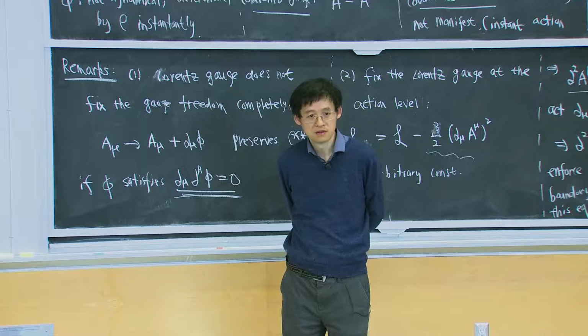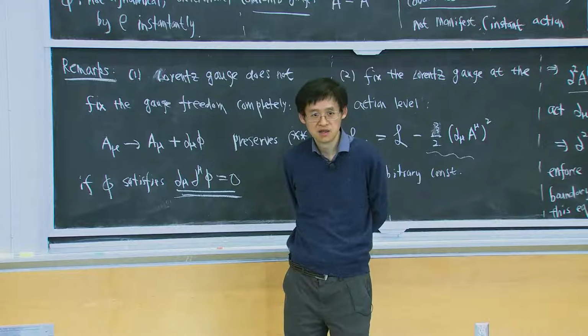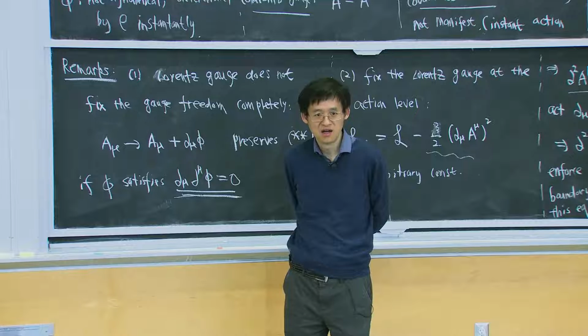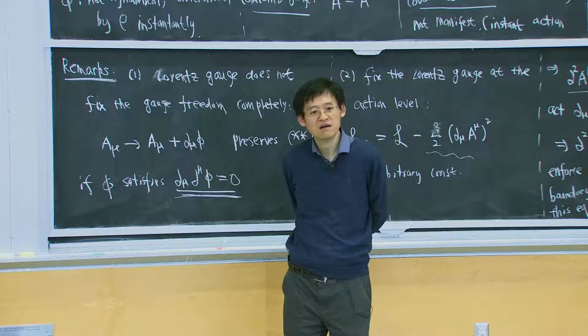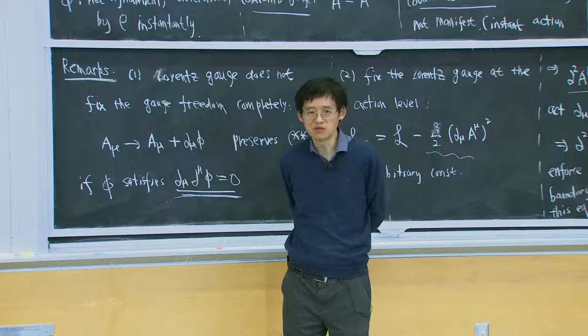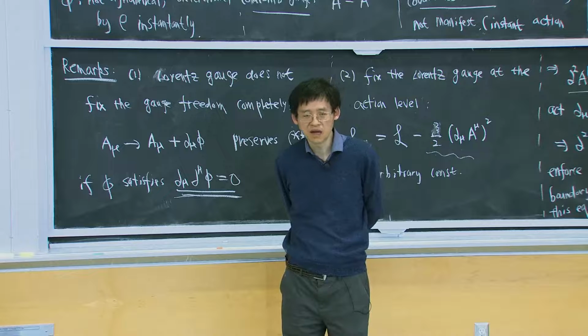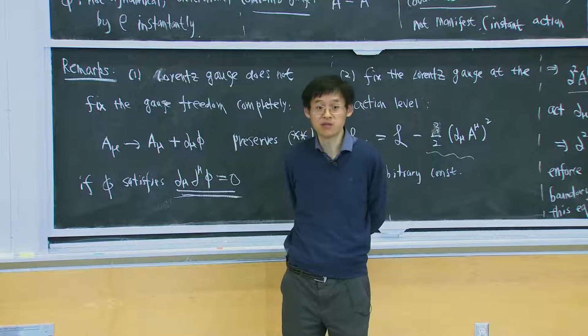So the canonical momentum here is not related to the field momentum E cross B, right? Not related. We have the momentum carried by the field, E cross B. No, it has nothing to do with that. This is the canonical momentum conjugate to the field.